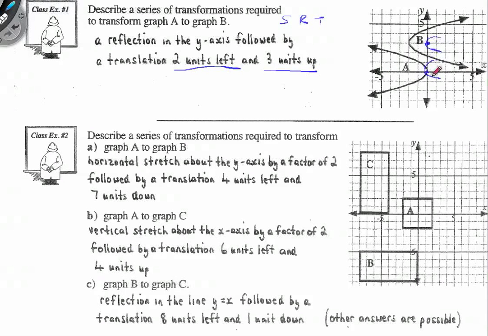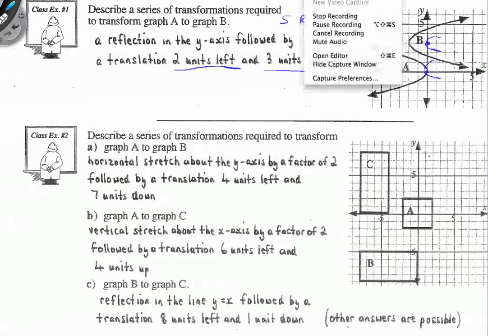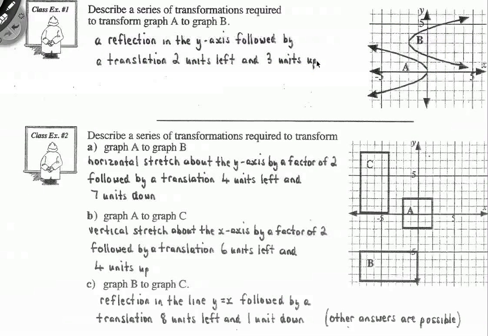Reflection with a translation. In this case, we've got a reflection, then a translation, or a translation, then a reflection, because these are at 90 degrees to each other. Let's just check what that means again for order matters. Well, as you read above, you can see that for most reflections with translations, the order does matter.